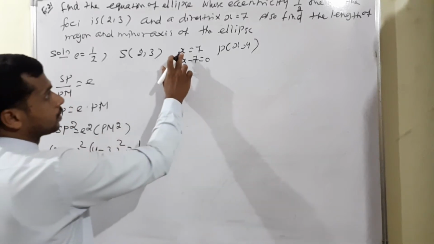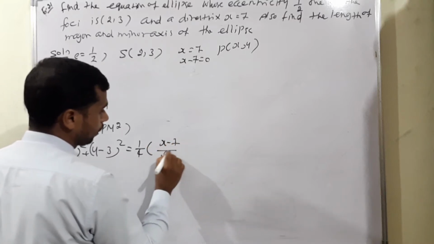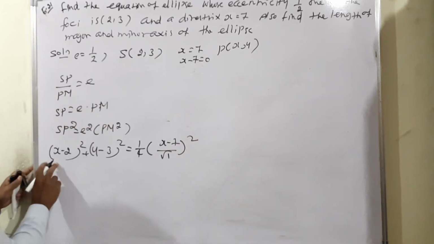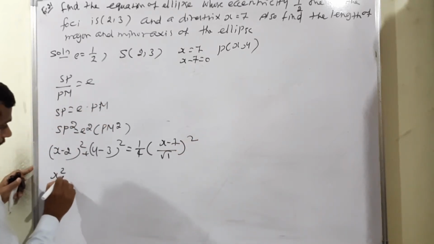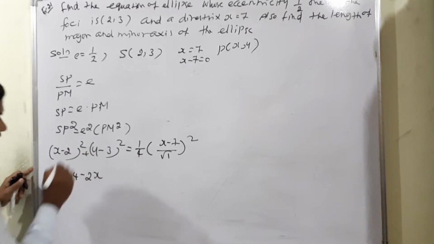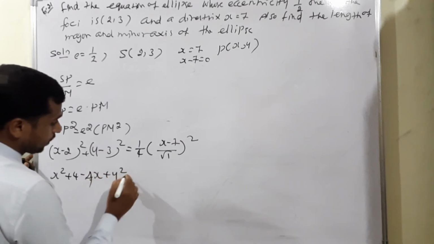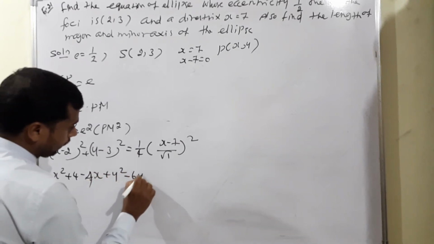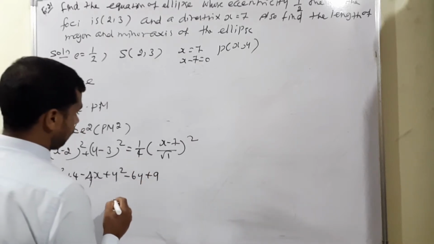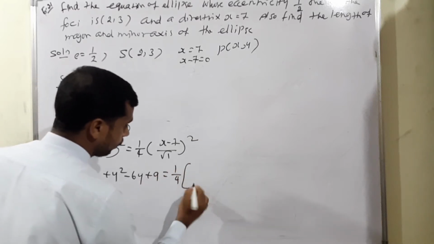Again, PM square is the distance to the directrix: (x minus 7) divided by the square root of the coefficient of x, which is only 1, the whole square. Expanding (a minus b) the whole square form: x square plus 4 minus 4x, then plus y square minus 6y plus 9, is equal to 1 by 4.